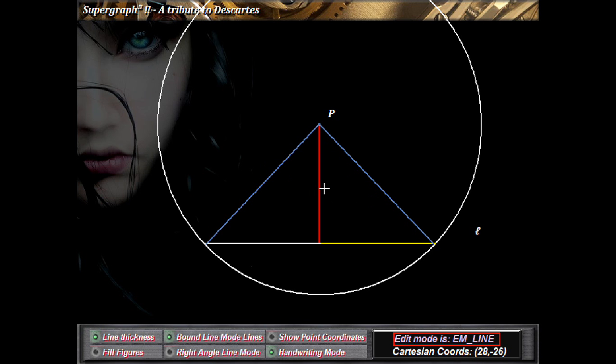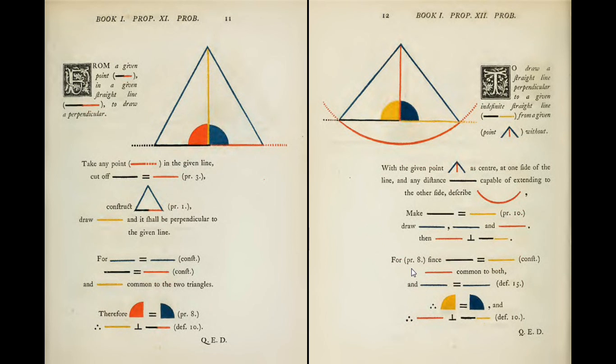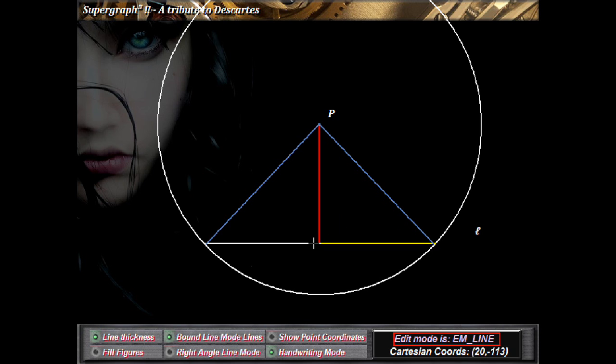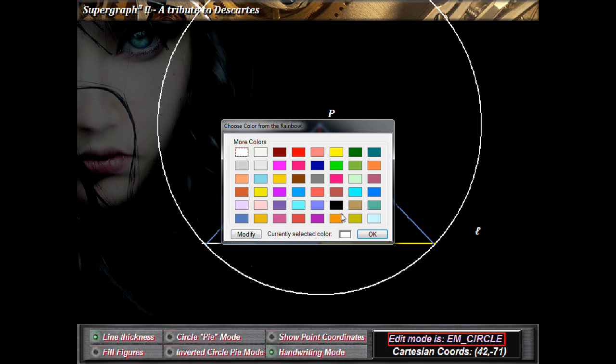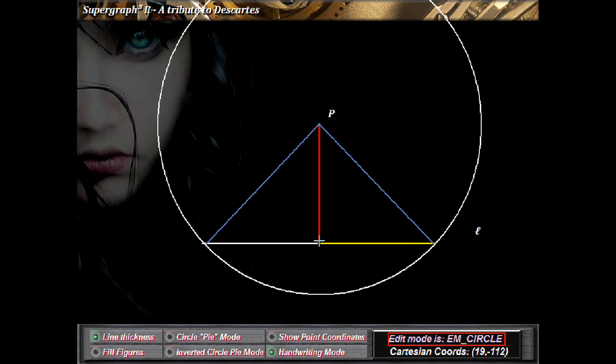Common. And therefore, these two angles must be the same. Trying to indicate the symmetry of the situation, I can use my pi.